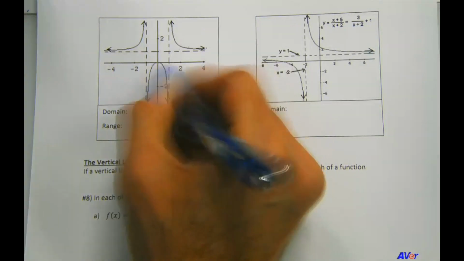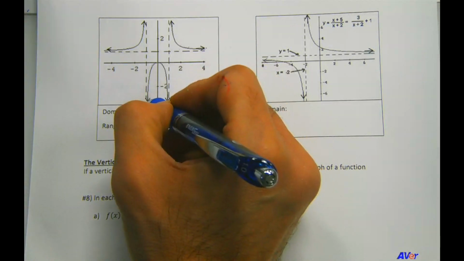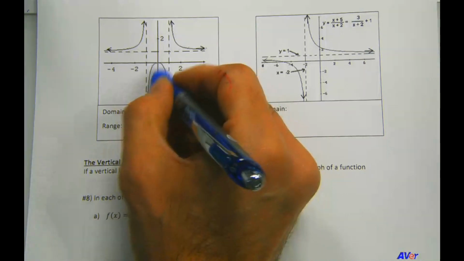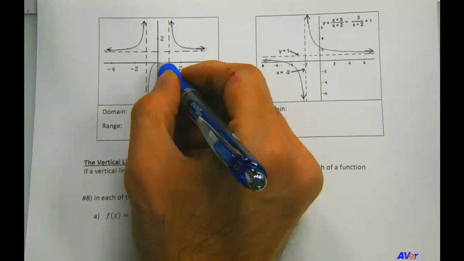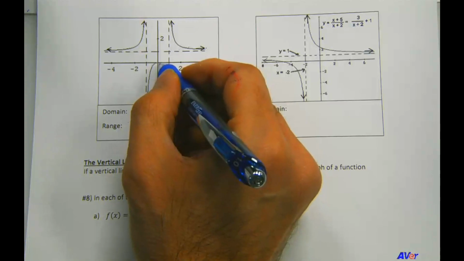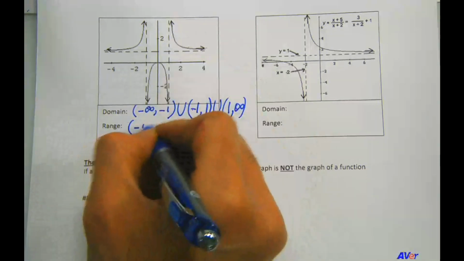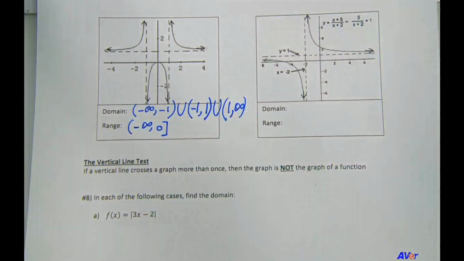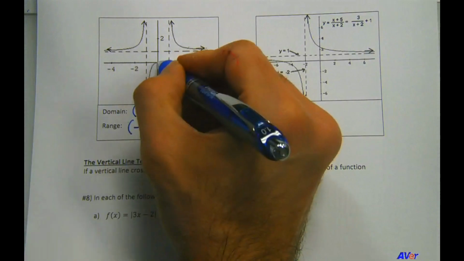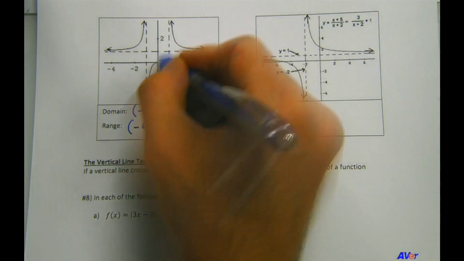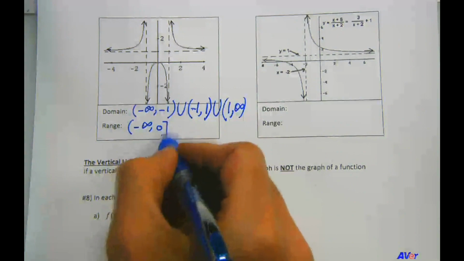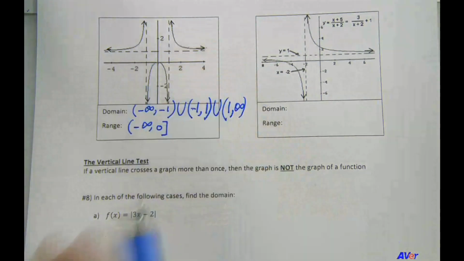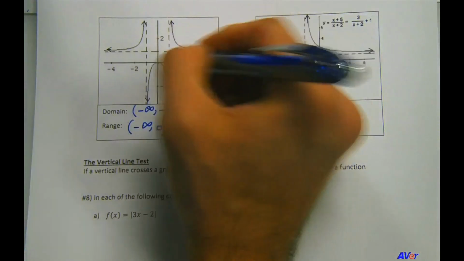For this piece, the behavior is that it comes up from negative infinity with respect to the y-axis, and it does go through 0, y equals 0. So negative infinity, comma 0, bracket. The curve does go through y equals 0, so bracket, meaning 0 is part of the range. Then it stops.